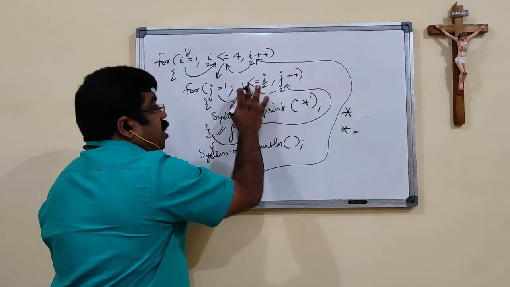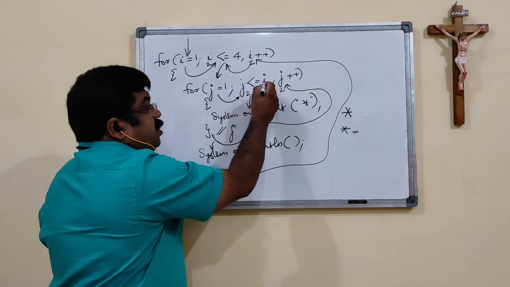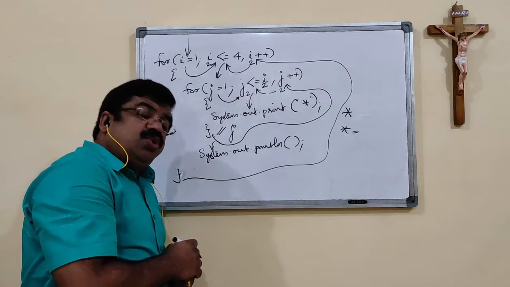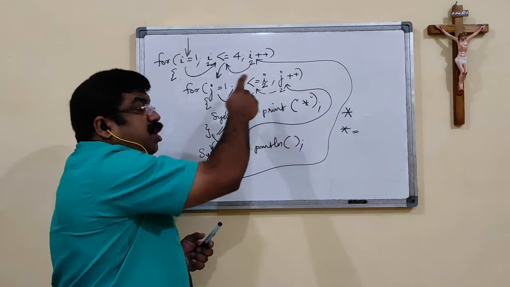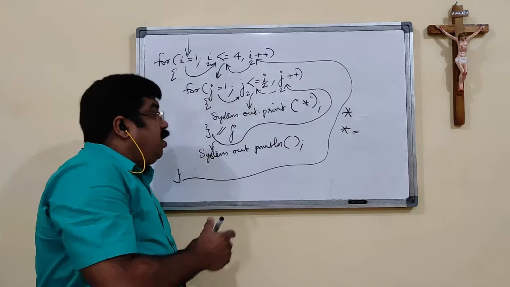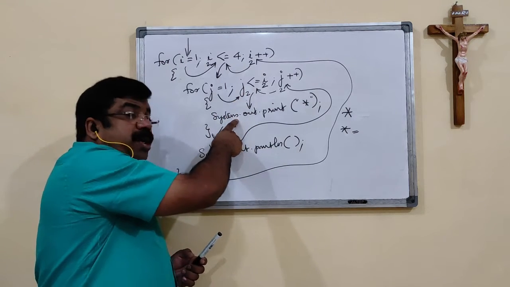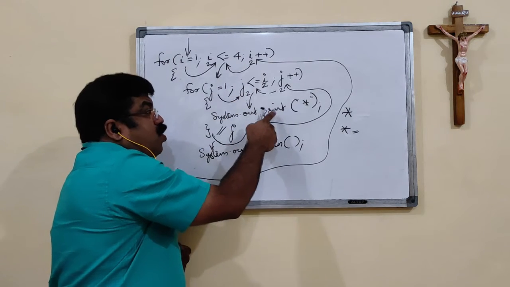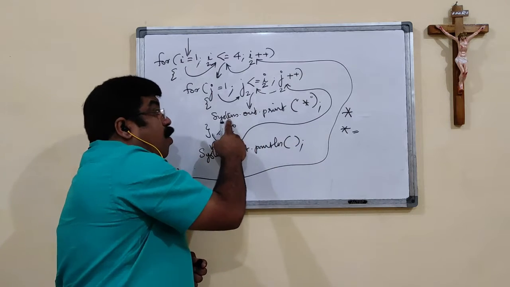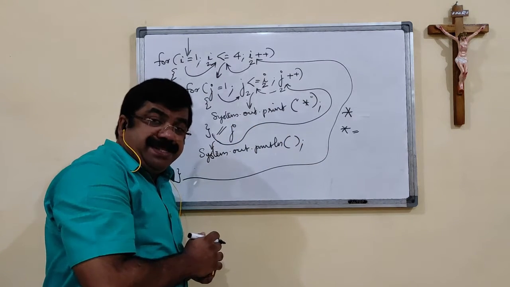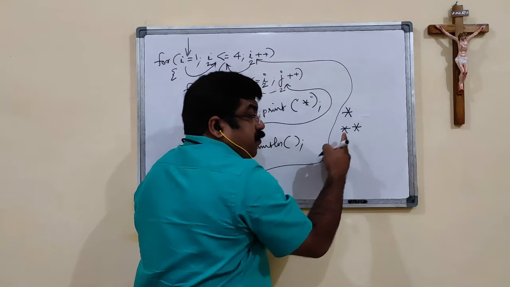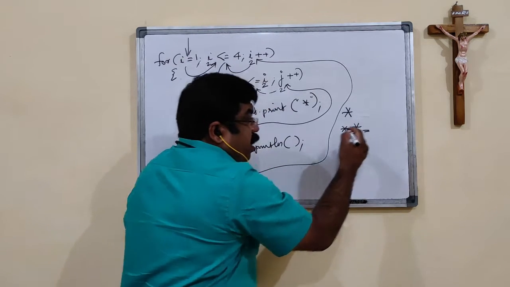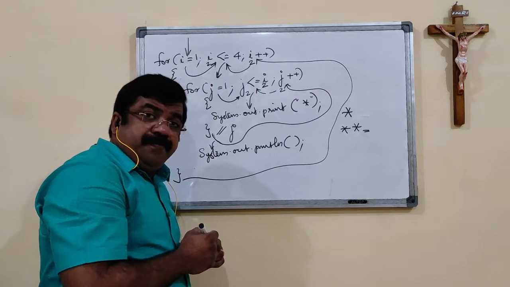Now it is checking the condition. 2 less than 2 or not. 2 less than 2 is false, but 2 is equal to 2 is true. So it comes to the body, System.out.print. Again, 1 more star is getting printed there on the current line. After printing the star, the cursor will remain on the same line.